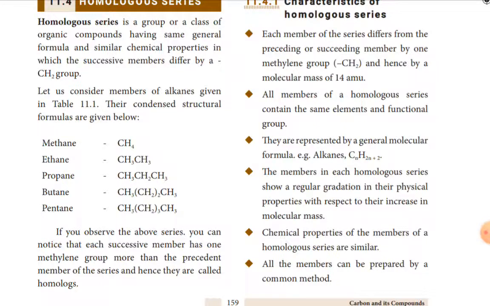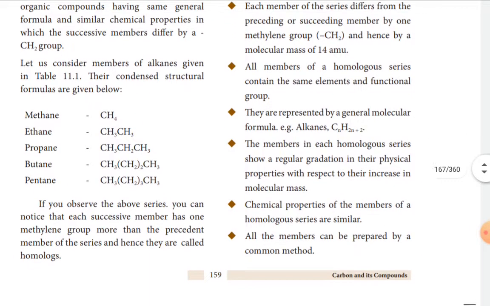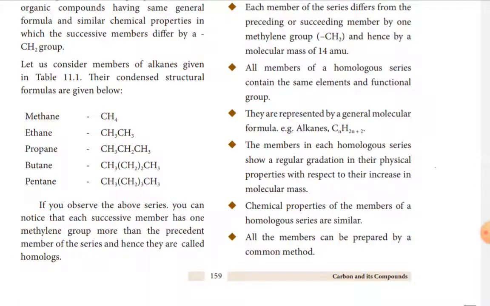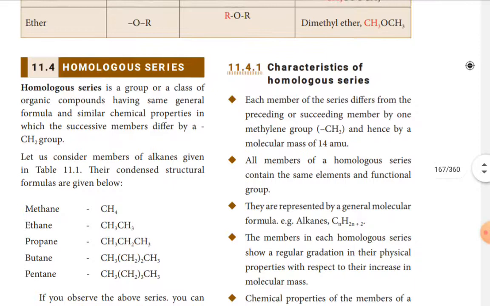This is an important one. There is a question also given in the exercise: what is meant by homologous series, and write the characteristics of homologous series. This part is simple, but it is important. What are the characteristics of homologous series?